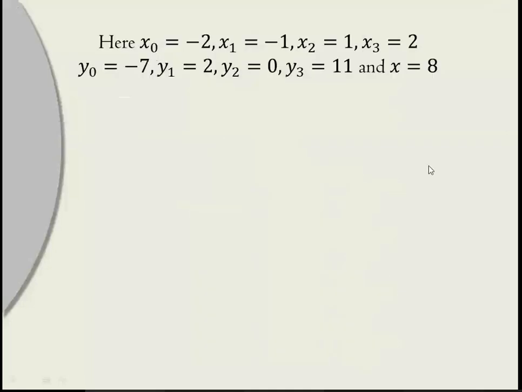Use all these tabular values: x0 is -2, x1 is -1, x2 is 1, x3 is 2, y0 is -7, y1 is 2, y2 is 0, y3 is 11, and we want to find the value of x at y equal to 8. So we are taking y equal to 8.